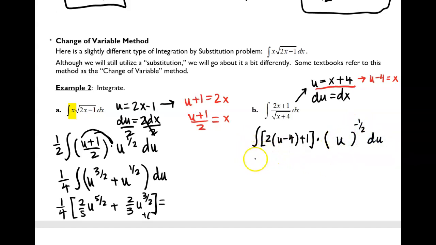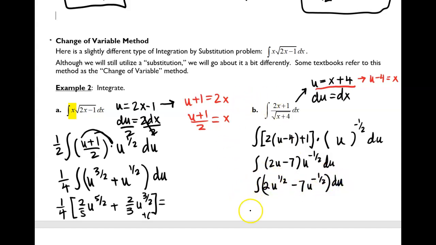If I simplify that a little bit, that's 2u minus 8 plus 1, which is 2u minus 7, times u to the negative 1/2 du, and then we can distribute there. So I'd have 2u to the 1/2 minus 7u to the negative 1/2 du.